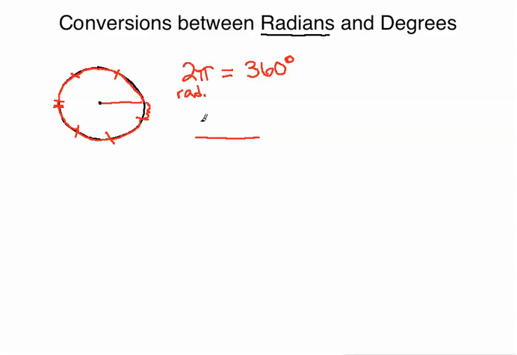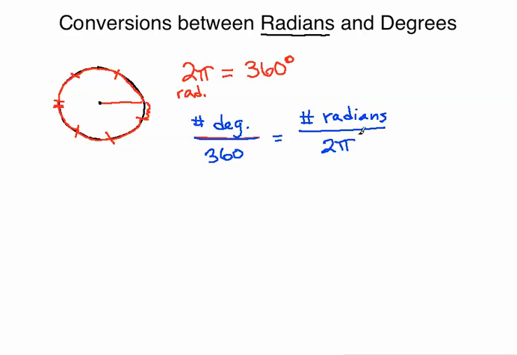So the number of degrees over the whole circle, so 360, equals the number of radians over 2 pi. So you'll notice the whole circle is on the bottom and the part of the circle is on the top.